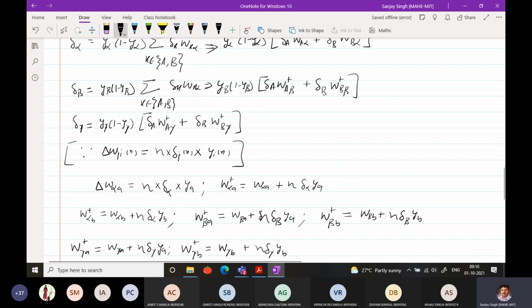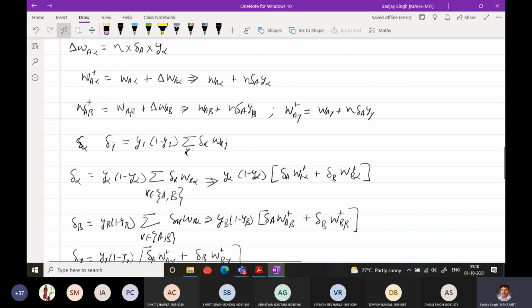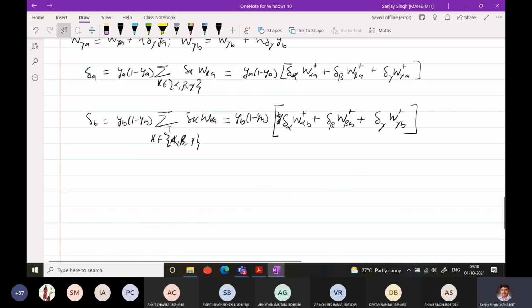Now what is left for me? I still have to go back to the input layer, so I have to change these synaptic weights as well. This is a very crucial phase, so we have to be careful again. I can write delta WJI, which is nothing but eta times delta J YI.